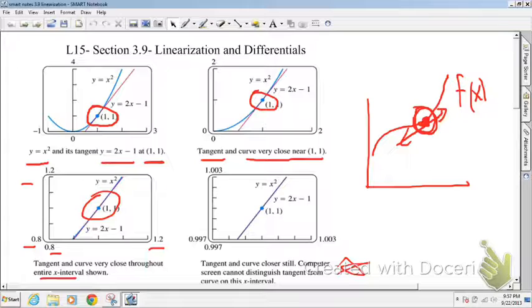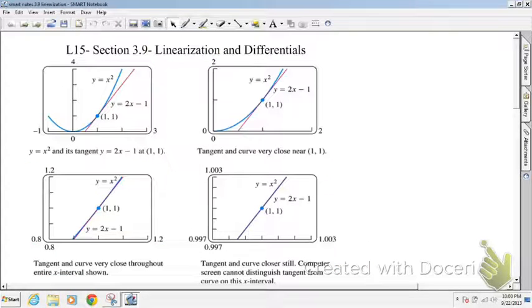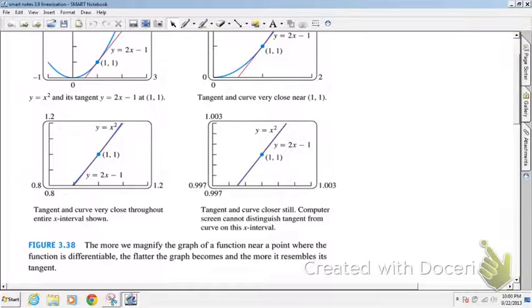So the big gist is, as long as we can tolerate some error, the whole point of linearization is that you can use a simpler function to give you an estimate of what the functional values are. You can use an easier function. So you say, as long as you can tolerate error, how much error? That's a deeper discussion later. We'll look a little bit at how much error would exist if you were to do something like that.